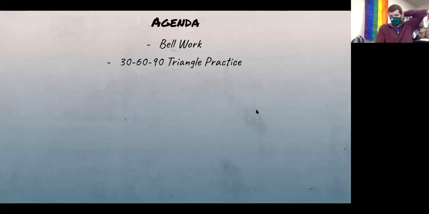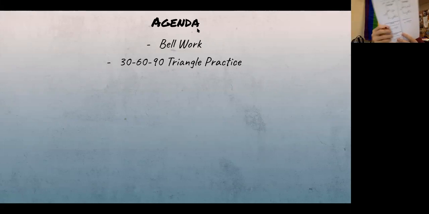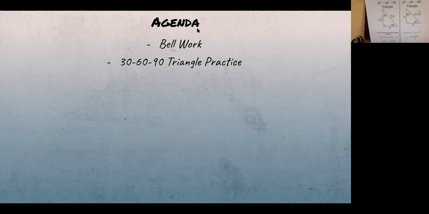Okay, so today we're just going to get some practice with the 30, 60, 90 triangle, and I'm not going to introduce anything new, except, let me pause real quick. I do have printouts of the reference sheet, so I will pass those out to everyone here. At home, you can access this on Canvas, but if you want to make a physical copy by copying it down on a sheet of paper, it won't take too long.